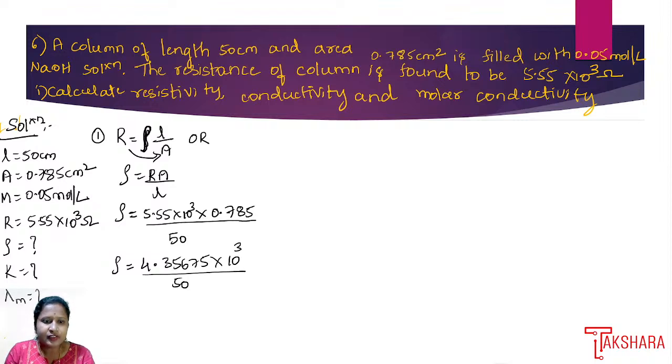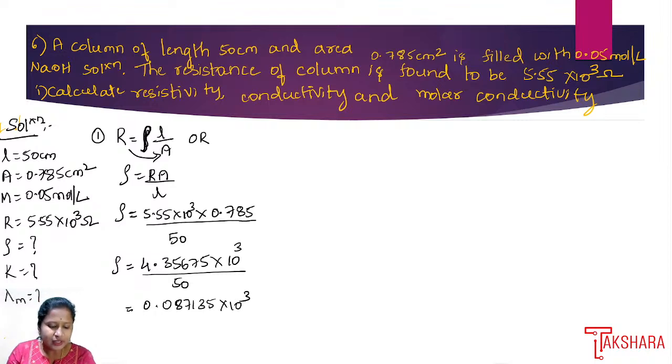If we do the division by 50, we get 0.087135 × 10^3.